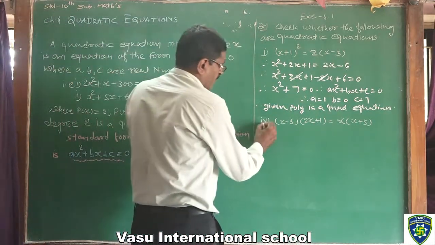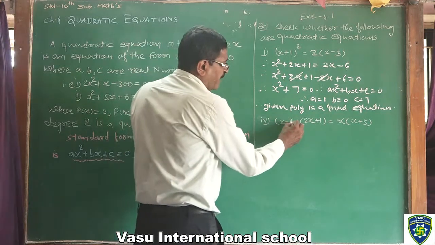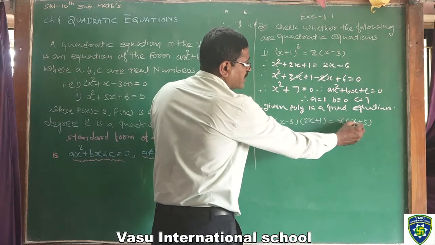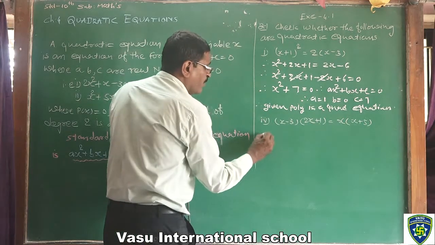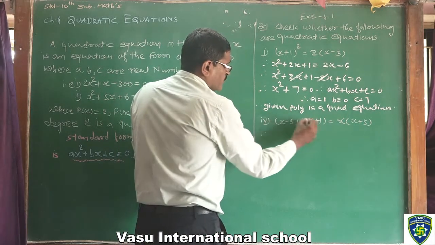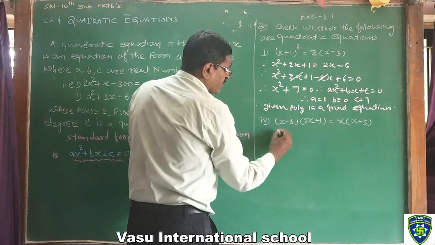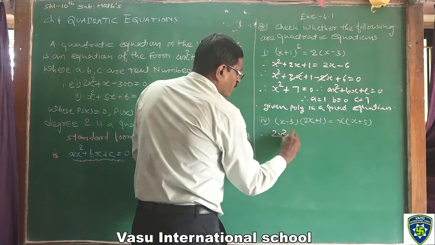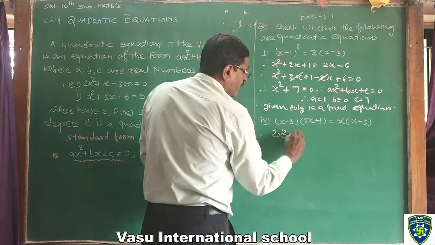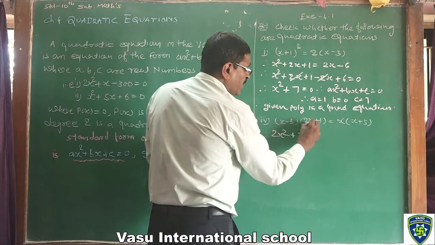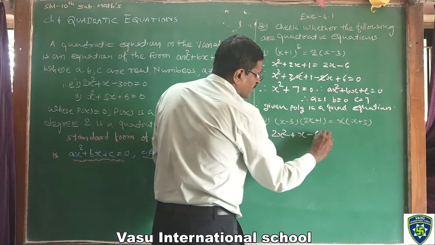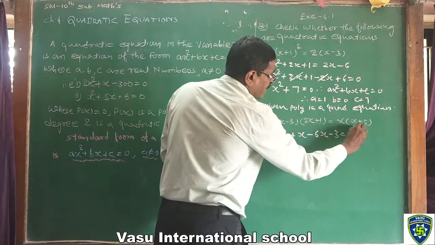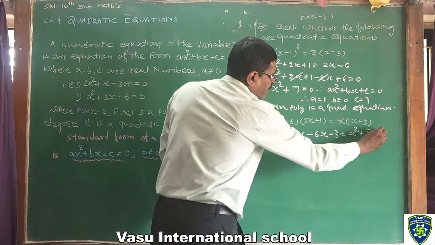Look at example number 4, x minus 3 in bracket 2x plus 1 is equal to x in bracket x plus 5. First of all, solve it. LHS equals RHS. X into 2x becomes 2x square, x into 1 plus x minus 3 into 2x, minus 3 gives 6x minus 3, is equal to x into x, x square plus 5x.